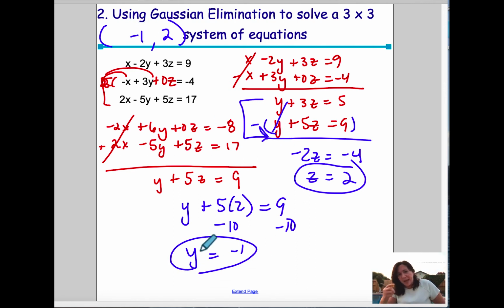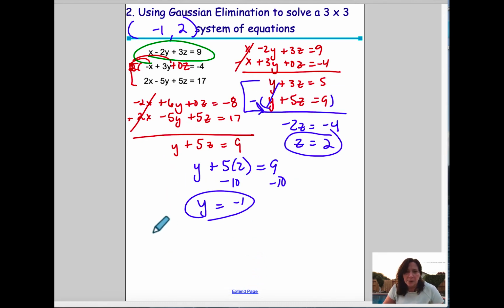Now to find x, I'm going to go back to one of the equations and figure that out. I'm just going to pick the top. So we're going to go x minus 2y, so minus 2 times y, which is negative 1, plus 3 times 2 equals 9.